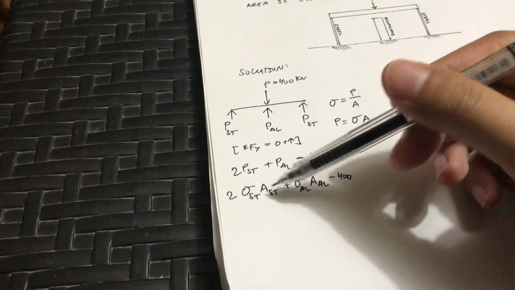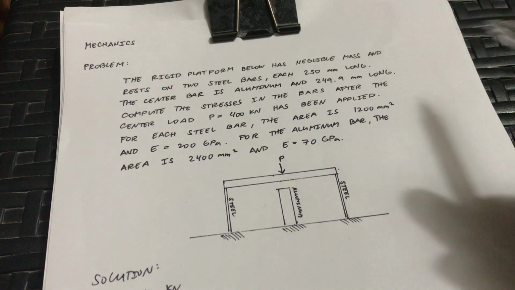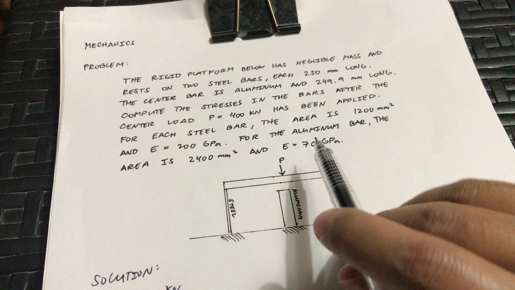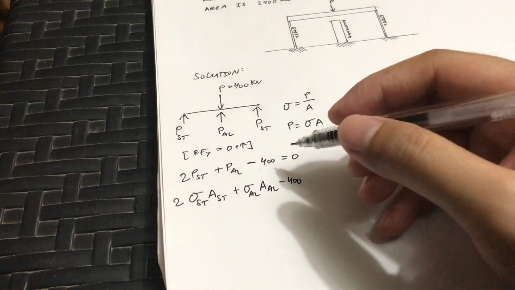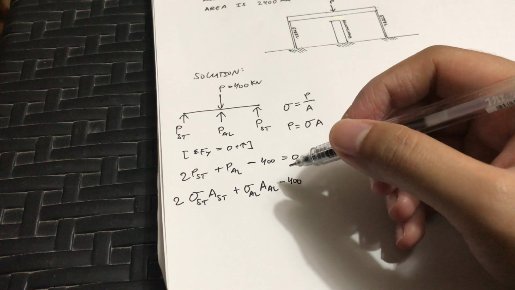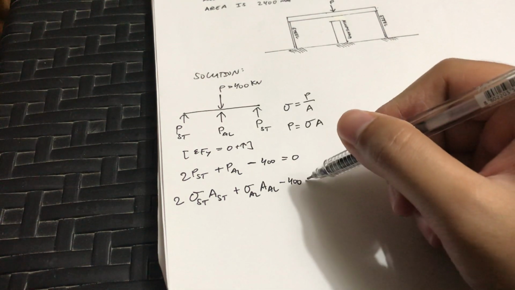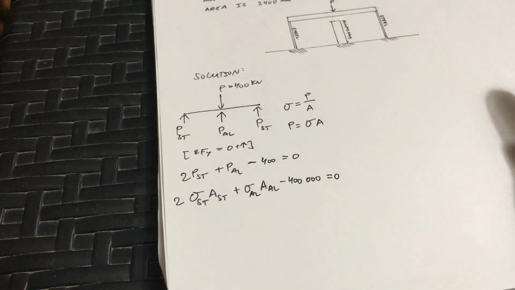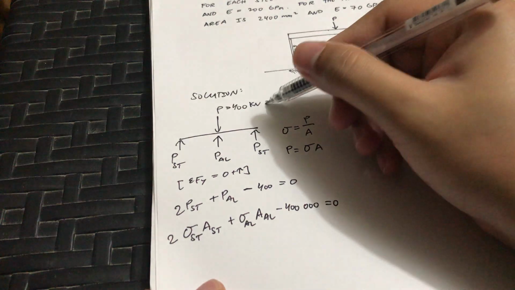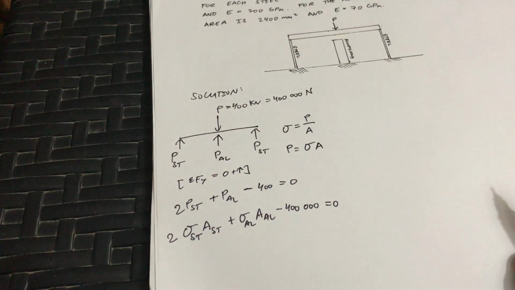Since we'll now be using areas, and in the given we have mm squared, GPa, it's best to set our loads into Newton and mm. So 400 kN becomes 400,000 newtons equals 0.